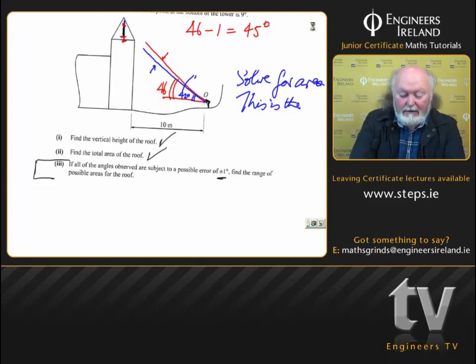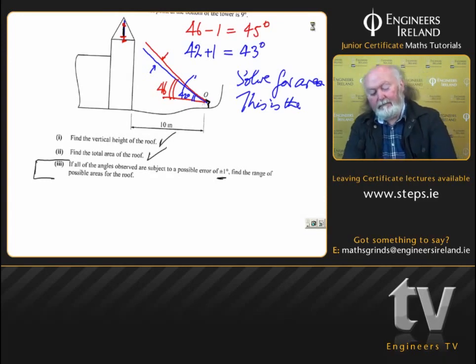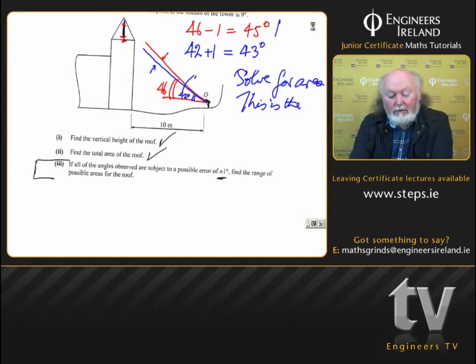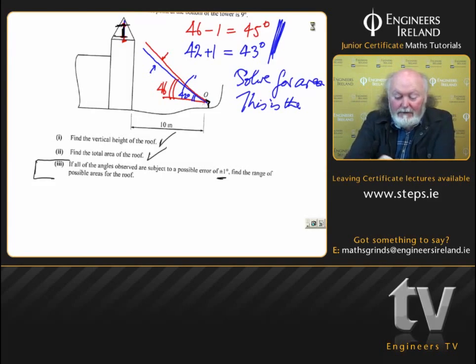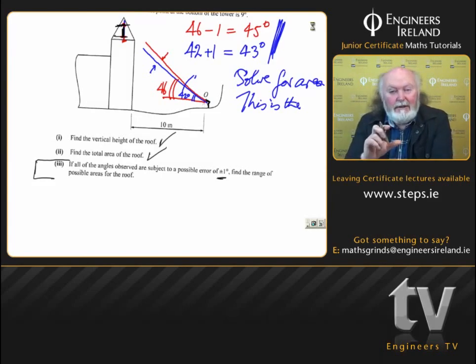What causes that? If the 42 has 1 degree added to it. Now, using those two, we're going to be working out that small height here. So, work out the height, get the sloped height of one of the sides, find its area and multiply by 4.